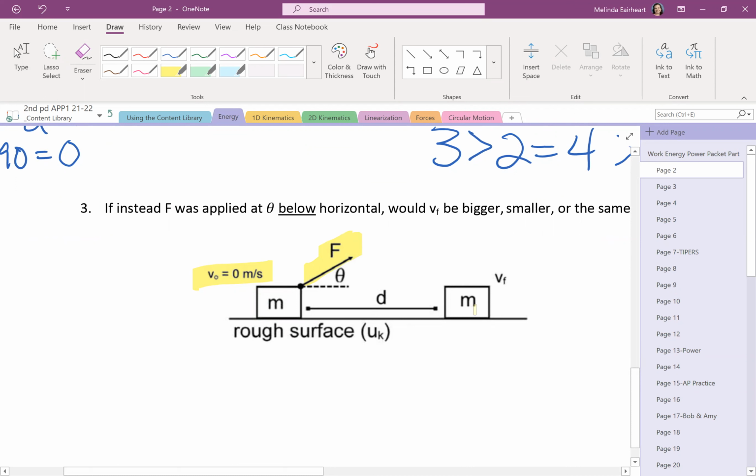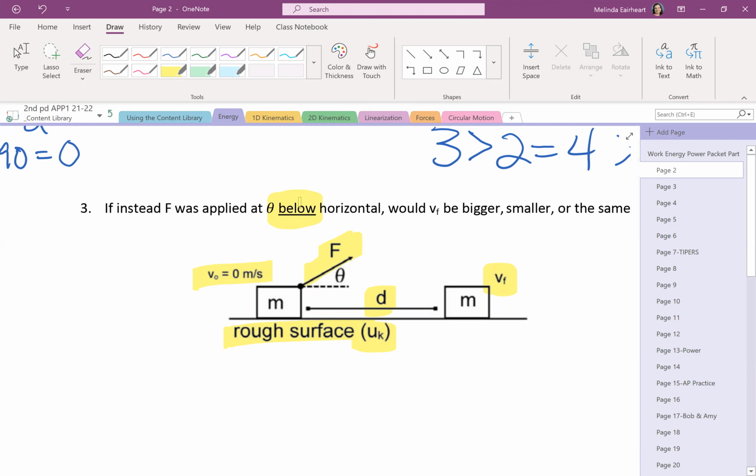It's going to move some distance, d, and have a final velocity of something. And they tell us it's a rough surface, mu k, right? So we know there's friction. If instead your force was applied at an angle below the horizontal, would VF be bigger, same, or smaller?